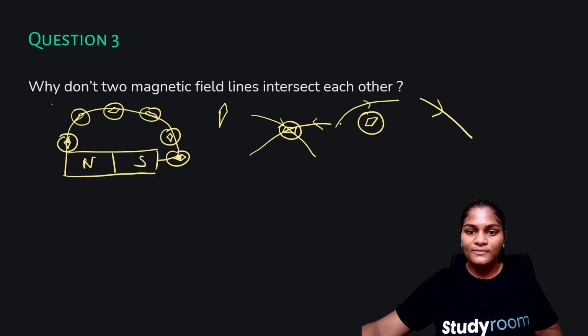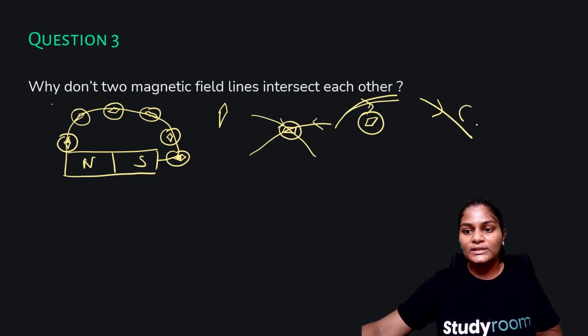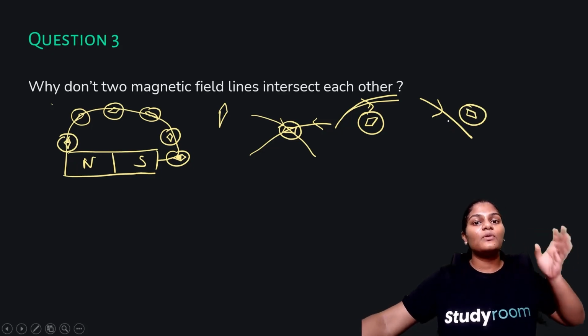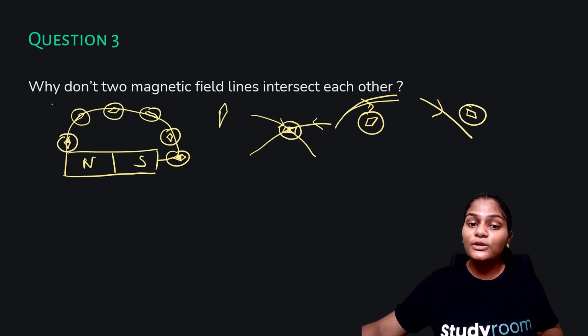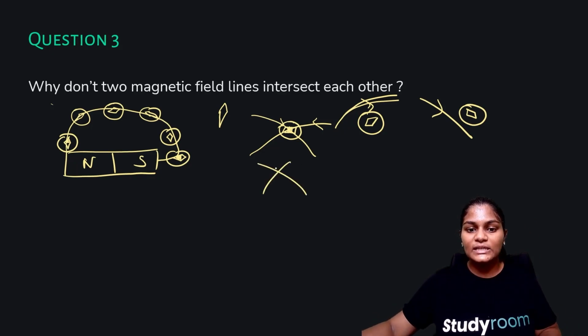Downward direction. One magnetic field line is like this, the other is like this. So in this case, the needle would point like this. Does it make sense? We said that the needle would point in the direction of the magnetic field line, right? But at the point of intersection, there would be two directions. Look at this. This is the intersection.